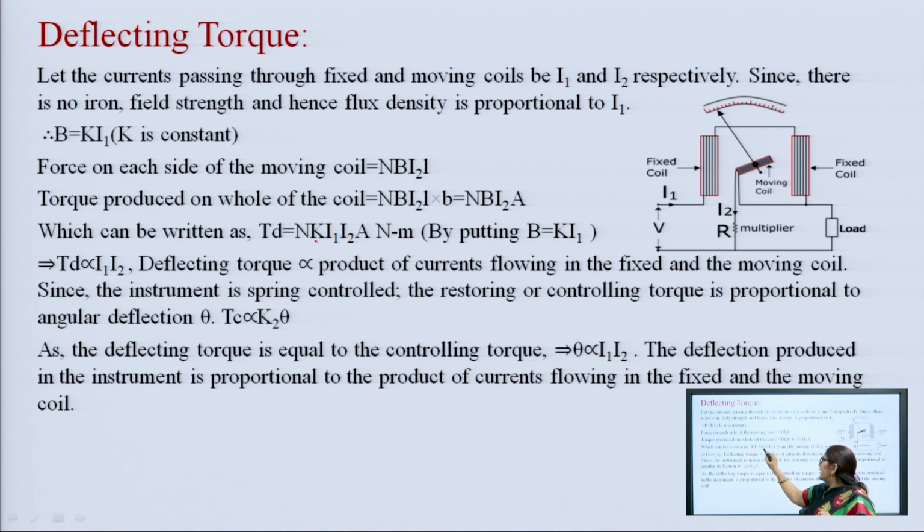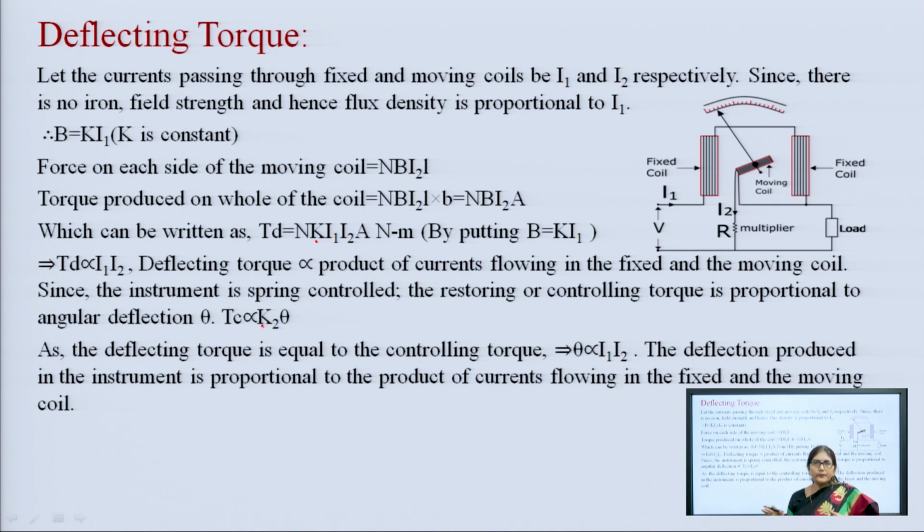Here N, K and A are constant quantities, and so TD is proportional to I1 into I2. This is the deflecting torque, and that deflecting torque is balanced by the control torque. Controlling torque is provided by the spring here. So, Tc is equal to K2 theta, where theta is the angular deflection and K2 is the spring constant.